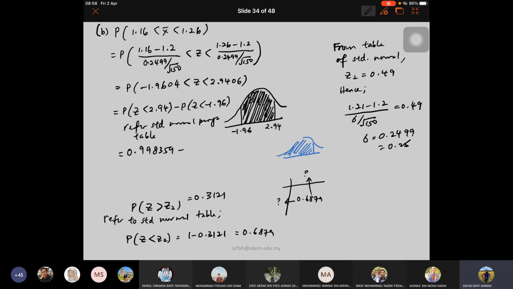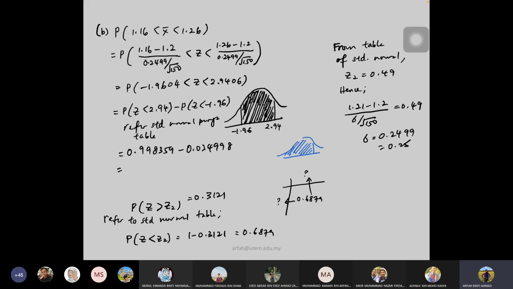Tolak dengan negatif 1.96, 0.24998. So tolakkan akan dapat jawapan dia sama dengan 0.9734. So dapat yang lain? Itu adalah jawapan dia. So those who have finished, try the next example.